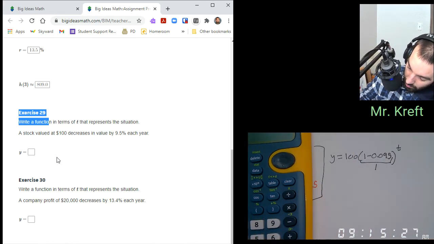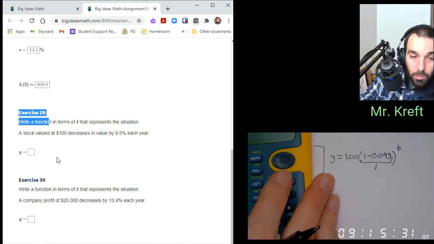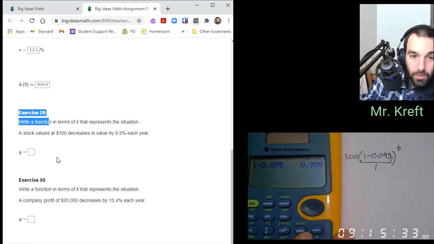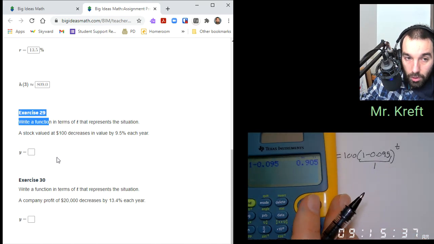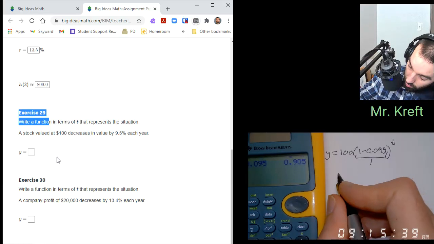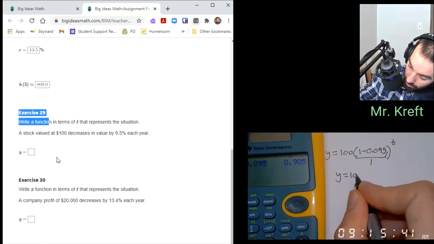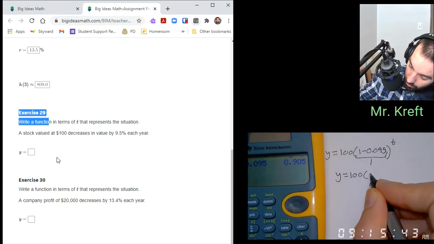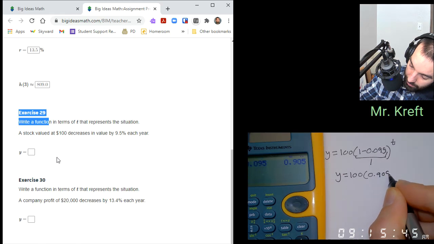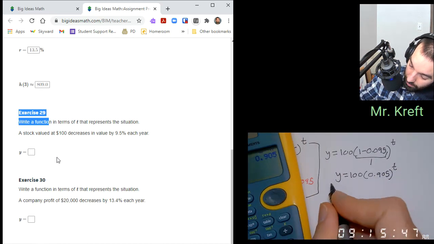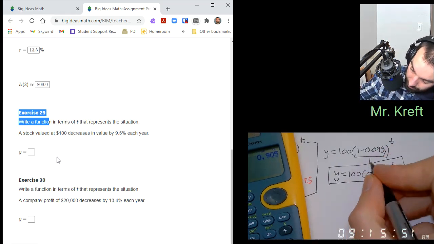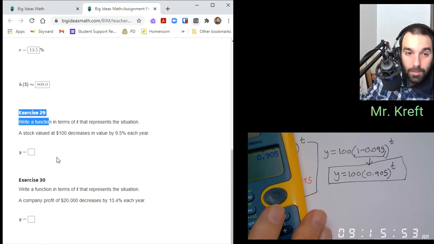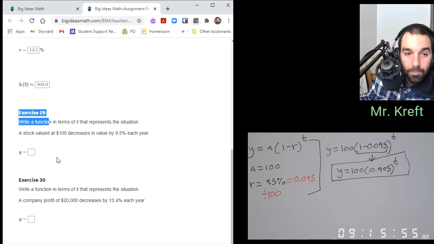If I take 1 minus 0.095, oops, not showing my calculator, right? If I do what's inside here, I get this. So I'm going to write y equals 100 times 0.905 to the t. And this is what Big Ideas is looking for.